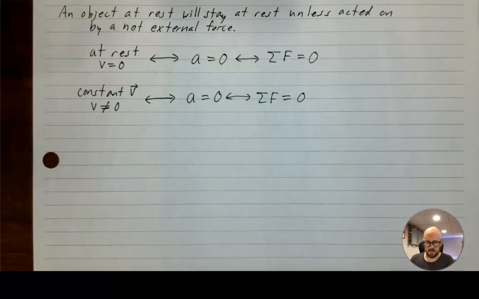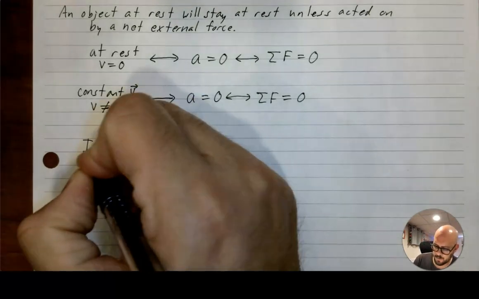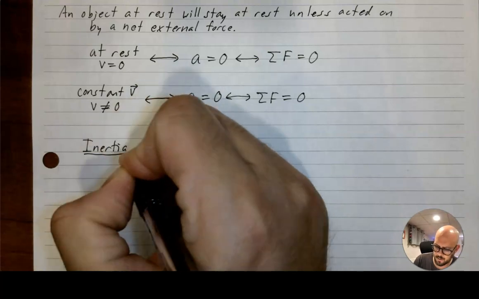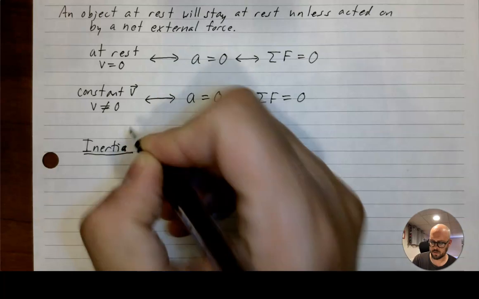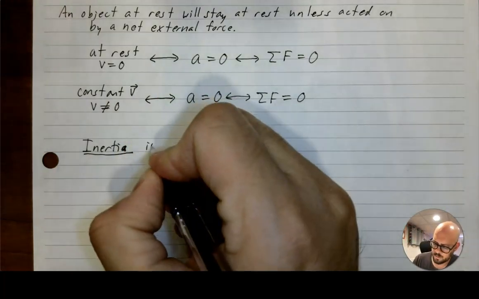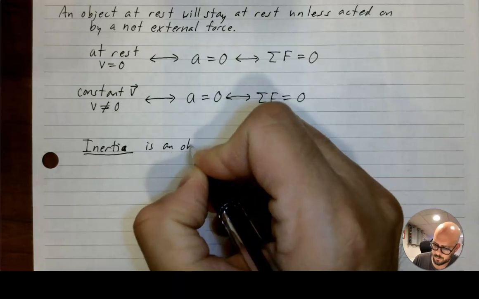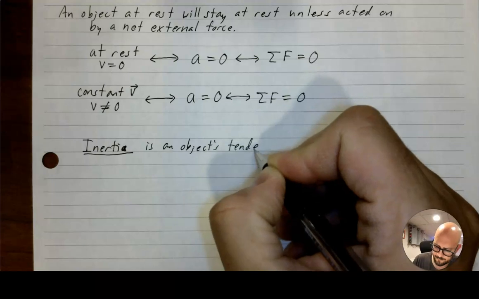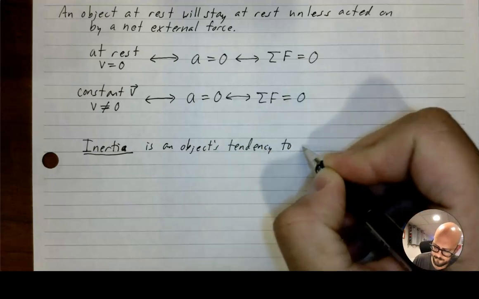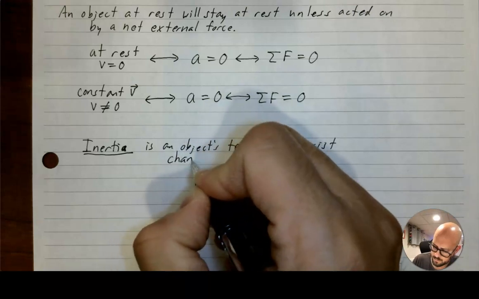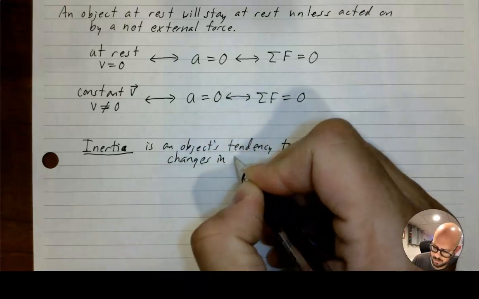The other part of Newton's first law is this idea of inertia. So basically, Newton got this law from Galileo, and Galileo had this word inertia that he had defined. So inertia is an object's tendency to resist changes in motion.